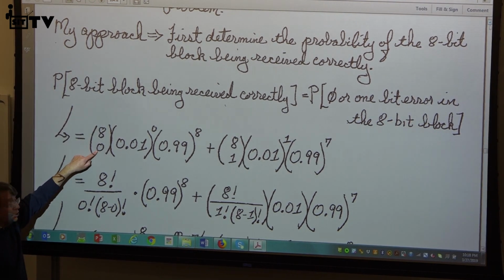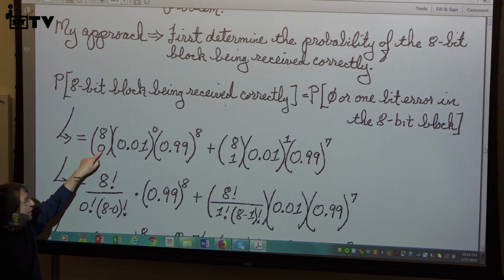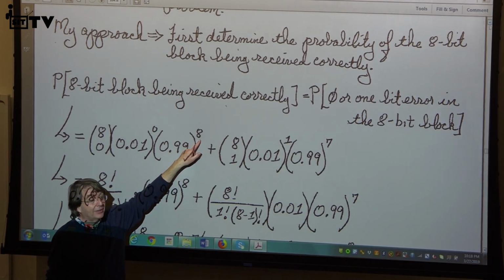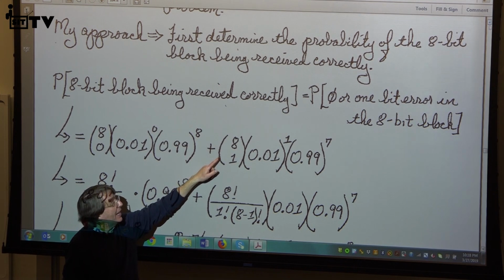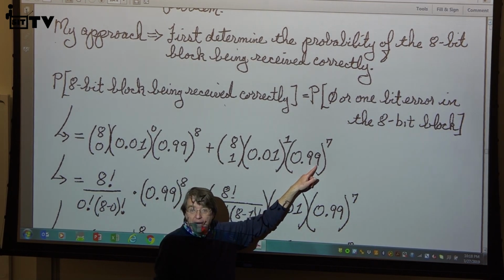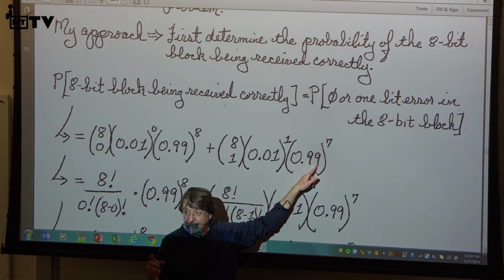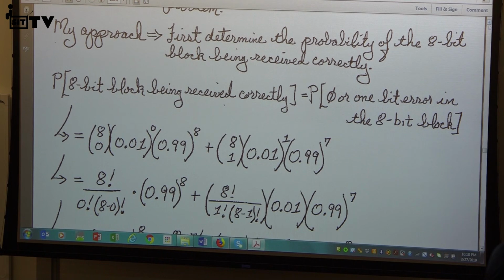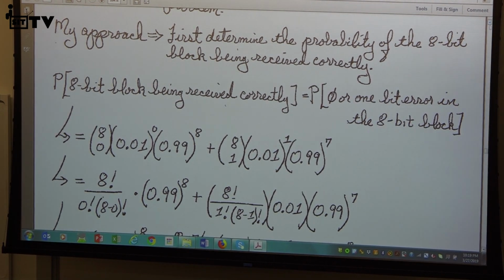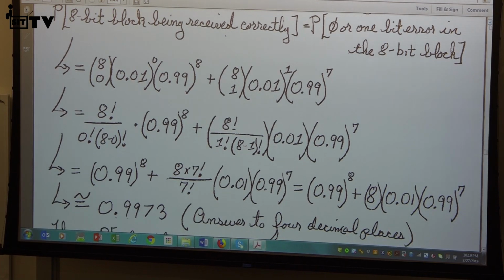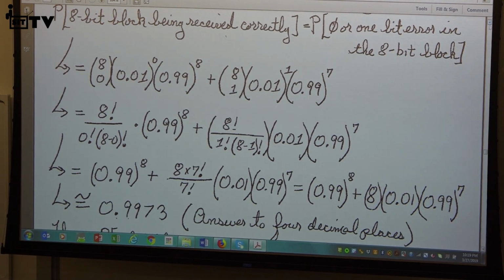So I figure out the probability of it being received correctly. So that's 8 choose 0, 0 errors, 8 bits correct, plus 8 choose 1, 1 error, 0.99, the probability of being right, to the 7th. So I calculate that, and if I've done it right, I get 0.9973.